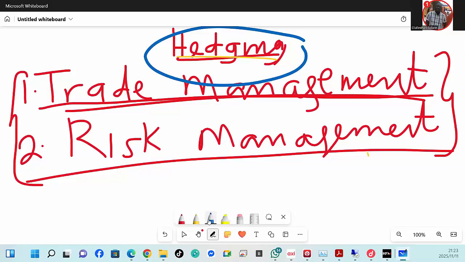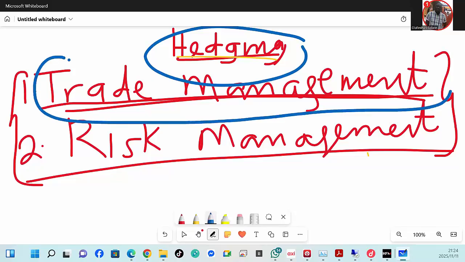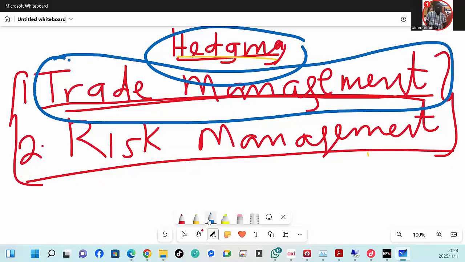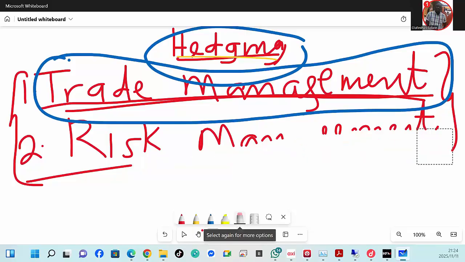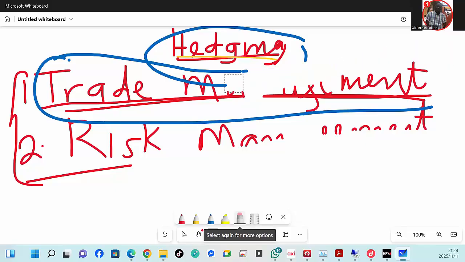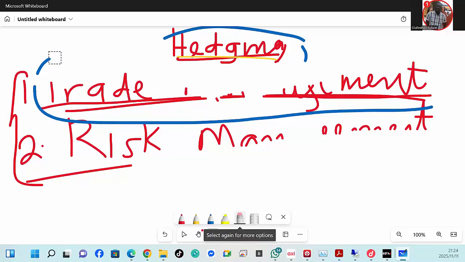And immediately we hedge our trade, we start trade management by ourselves. So once you understand this, I can't promise you profit. Profits depend on how intelligent you are, but I can guarantee you that you can never blow your account.